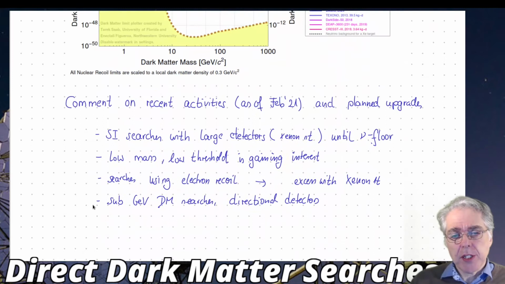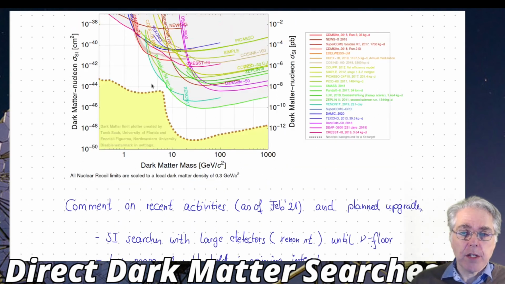And there's some additional ideas to go into a more exploratory regime, that is, go to sub-GeV dark matter searches, which would require a different technique, and also to try to work towards detectors which can also determine the direction to reduce the impact of solar neutrinos.